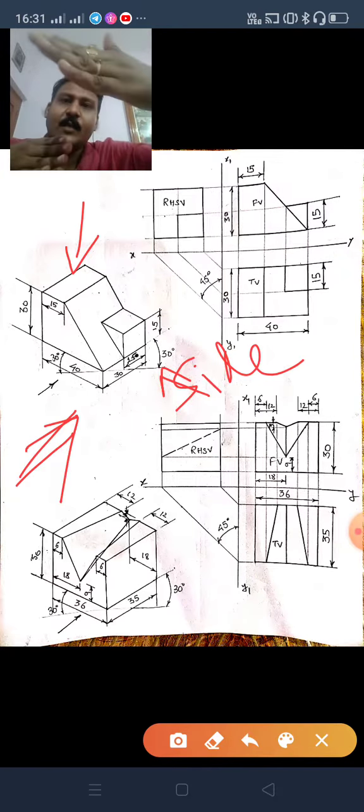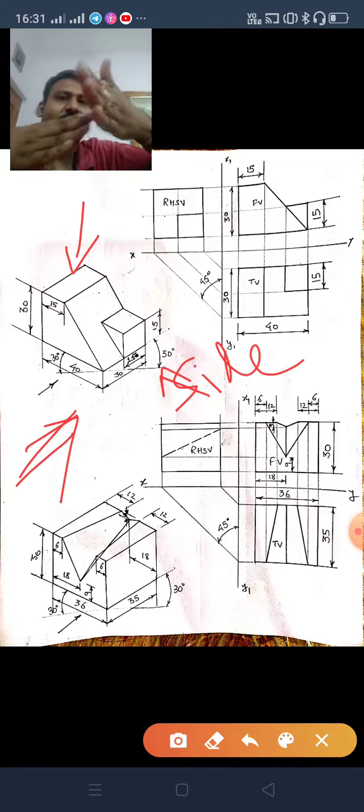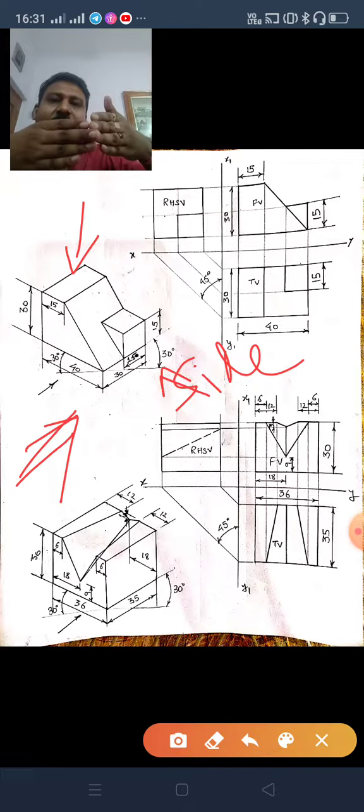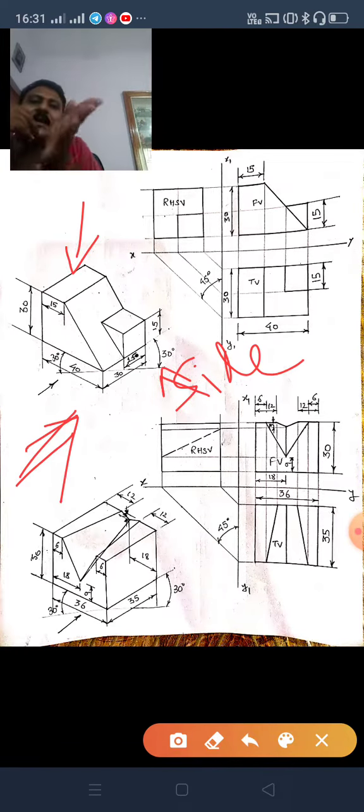Then this side will be the right-hand side view, and this side will be the left-hand side view. Since this is the object seen from here, here there will be the left-hand side and here the right-hand side.